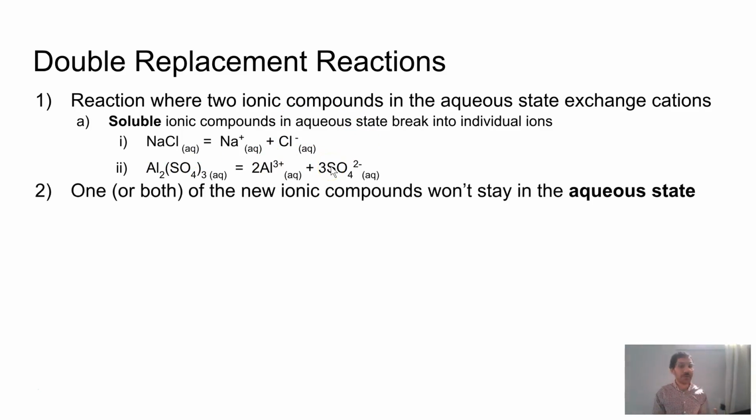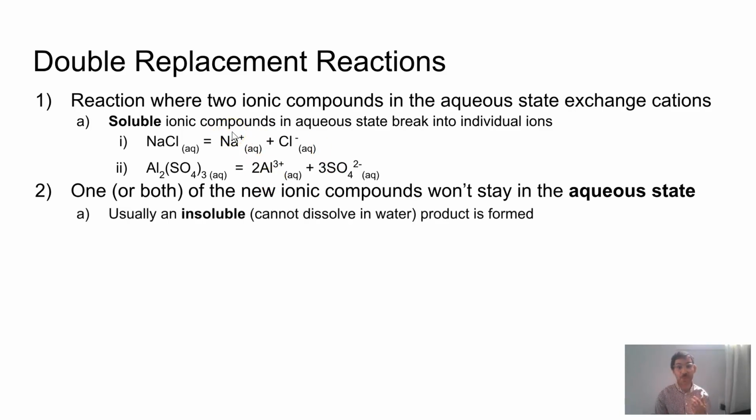So one or both of these aqueous compounds that we mix together, when we make these new ionic compounds and trade their cations, one of them won't stay in the aqueous state. Usually this is because one of the new compounds is insoluble, meaning it cannot dissolve in water.